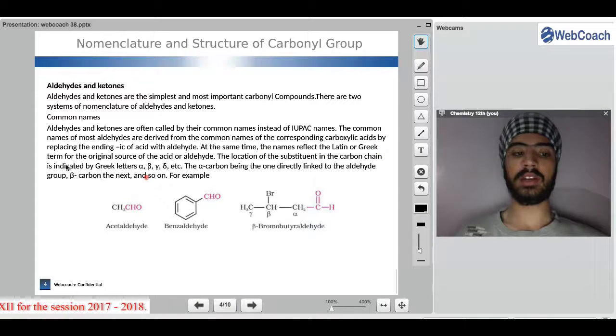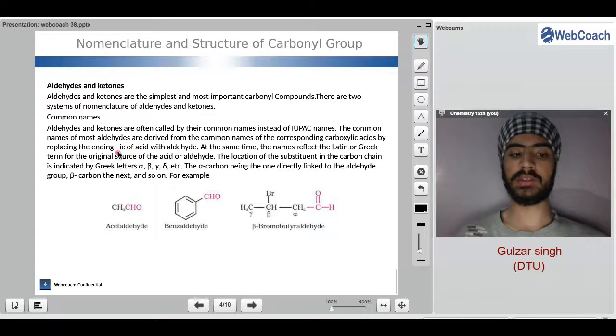At the same time, the names reflect the Latin or Greek term of the original source of the acid or aldehyde. So in place of the ic of the acid, aldehyde is used, and it also shows the compound it has been derived from. The location of the substituent in the carbon chain is indicated by Greek letters alpha, beta, gamma, delta, etc. The alpha carbon is the one directly linked to the aldehyde group, the beta carbon the next, and so on.